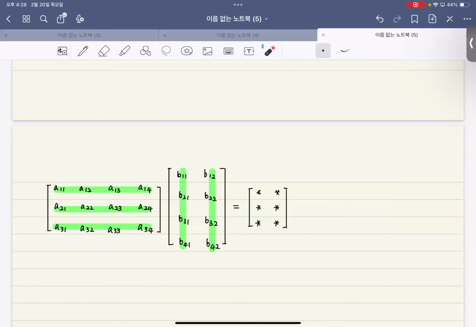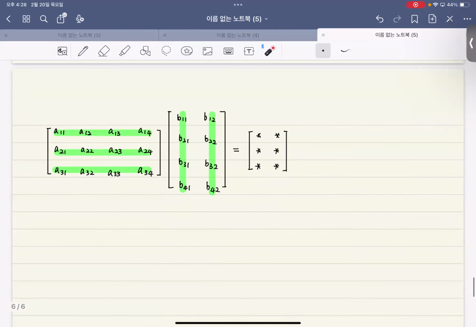All right, so this is matrix multiplication, and there are also some important properties of matrix multiplication.